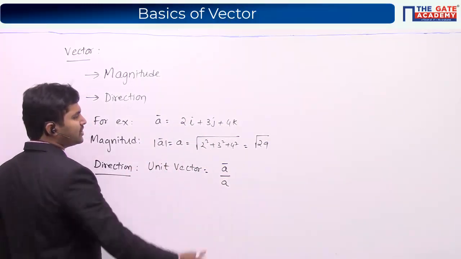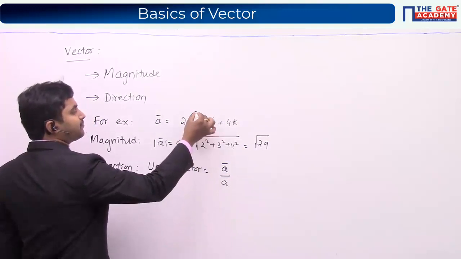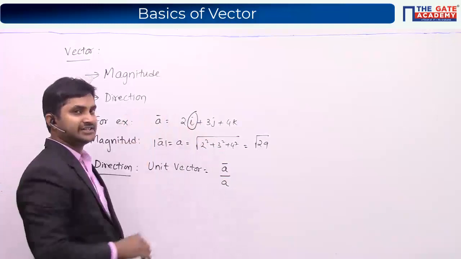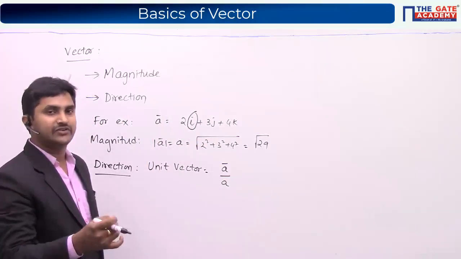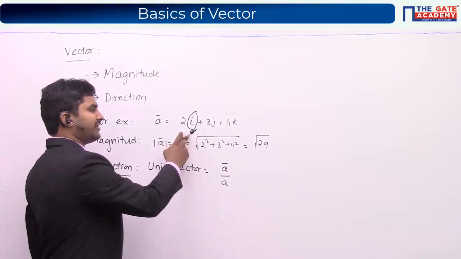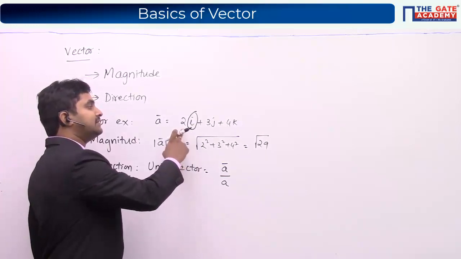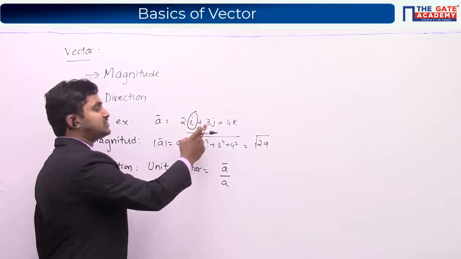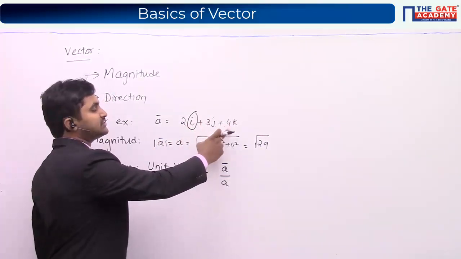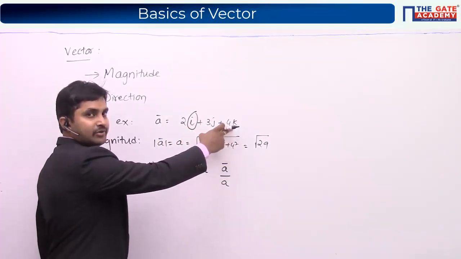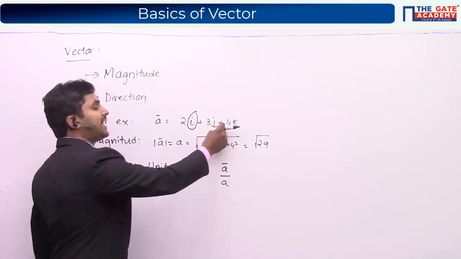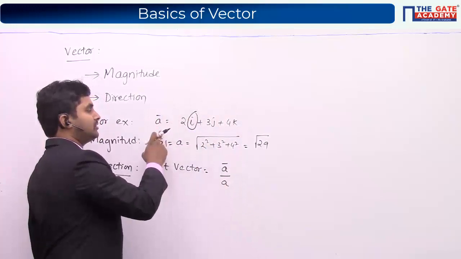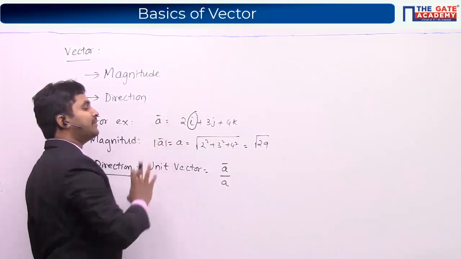Just like the way, if you see i, what is i? i is nothing but the unit vector of x, isn't it? Now, is it not helping us to understand that there are 2 units in the x direction, 3 units in the y direction, 4 units in the z direction? So here your unit vectors are actually helping you to give a particular direction to the composite vector called a bar here.